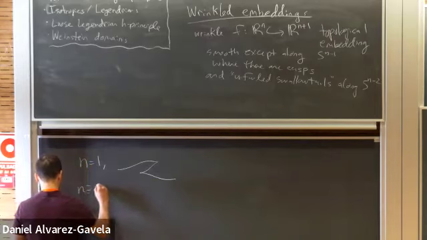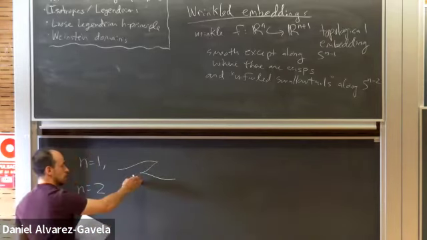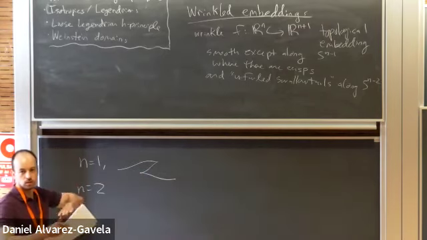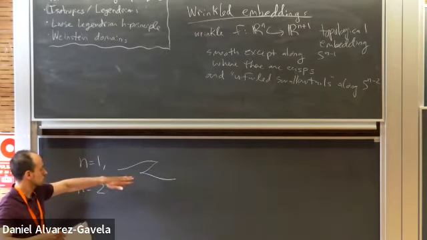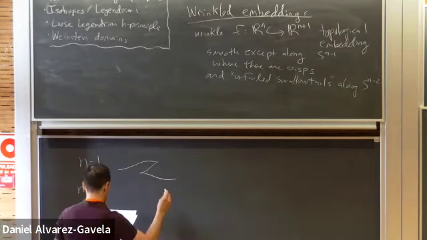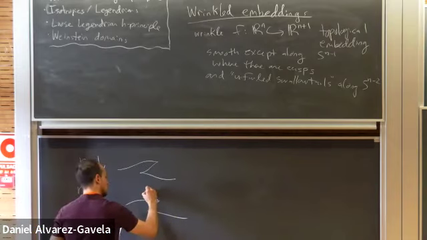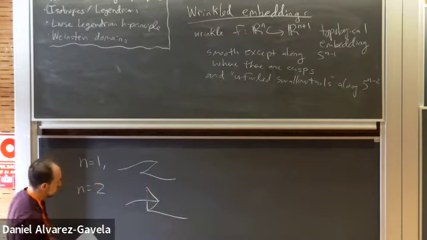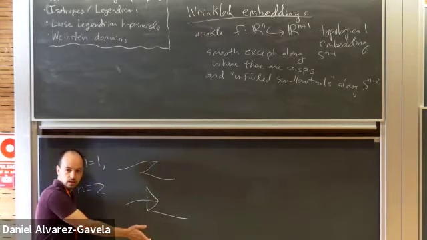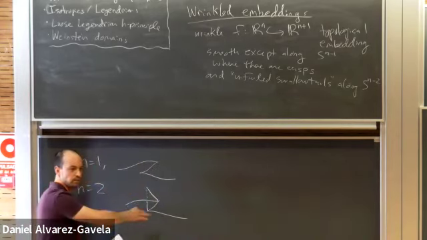The n equals 2 case, it looks like you take one of these and you let them die in both directions. So you take this, and then you let it die this way, and then you also let it die this way. So this is just half of the wrinkle.